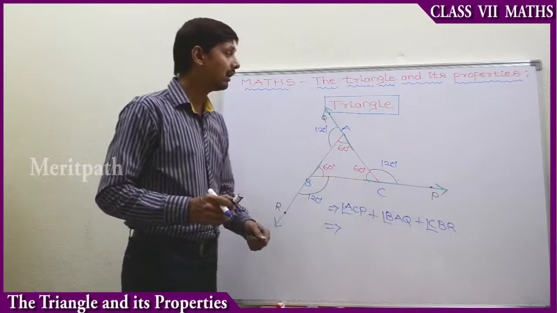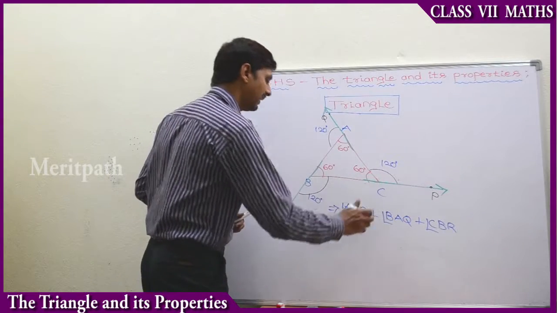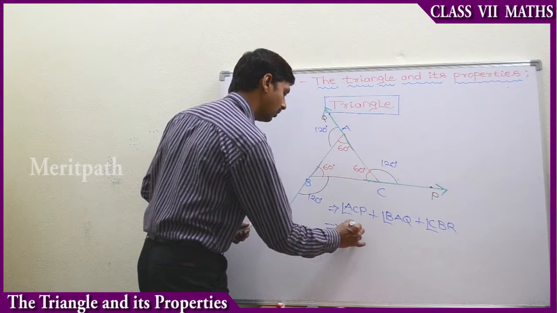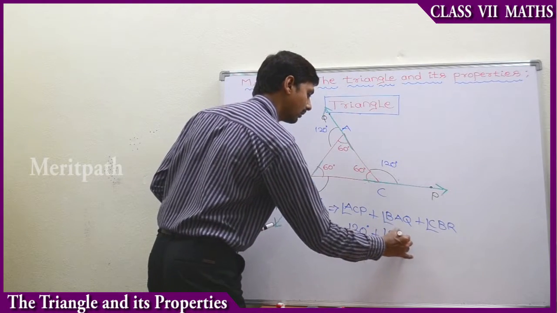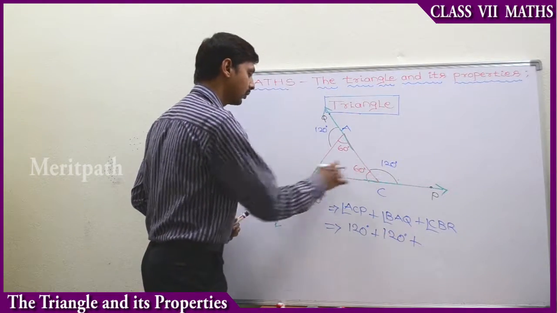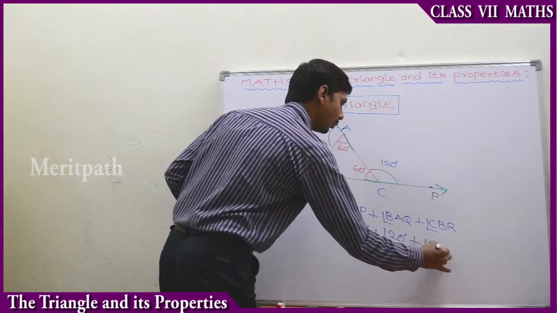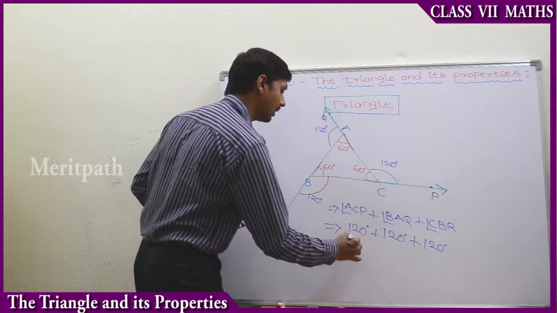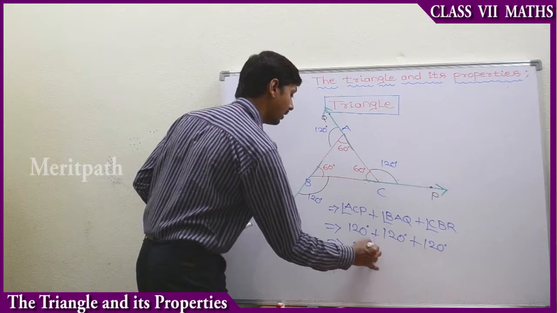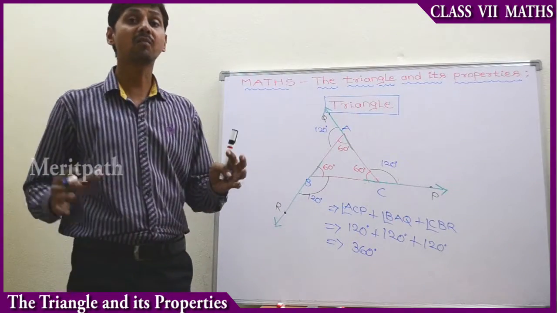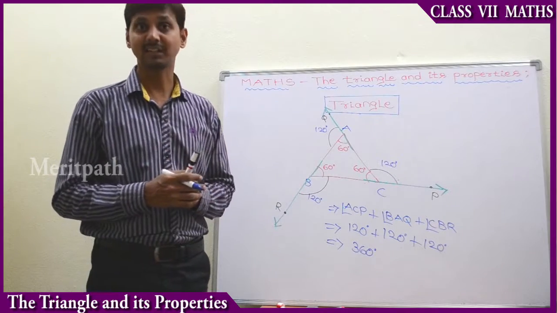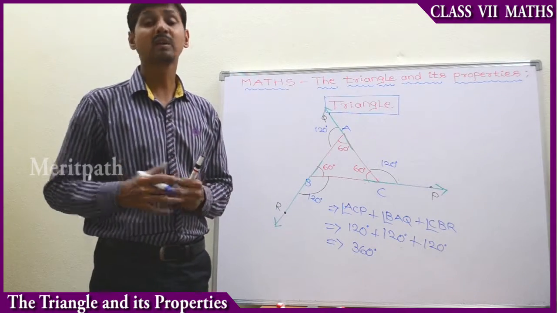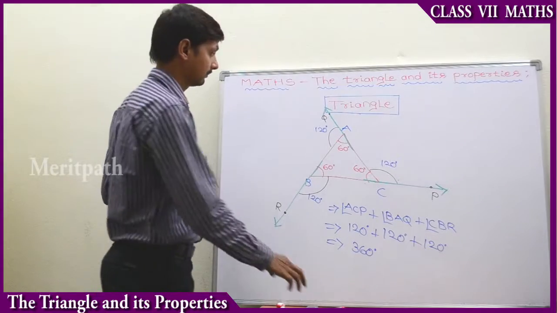Angle ACP is 120 degrees as we know, BAQ is also 120, and CBR is also 120 degrees. When we add all the three angles, we get 360 degrees. So what we understood is that the sum of exterior angles of a triangle is 360 degrees. So let's go to the next concept.